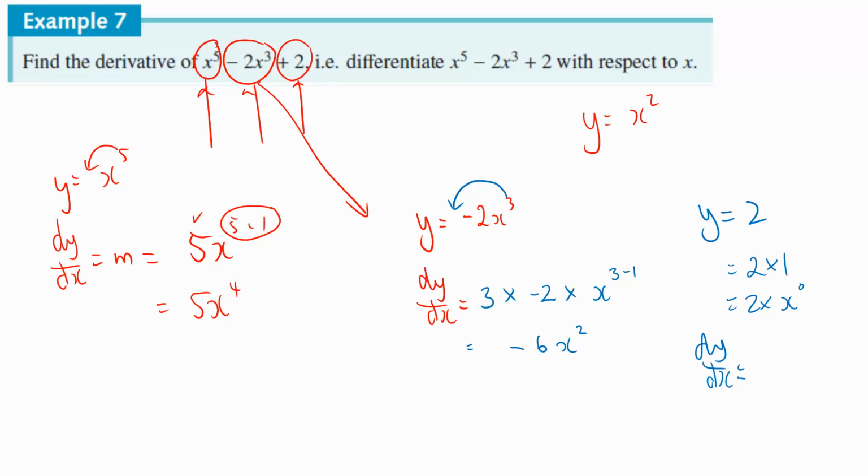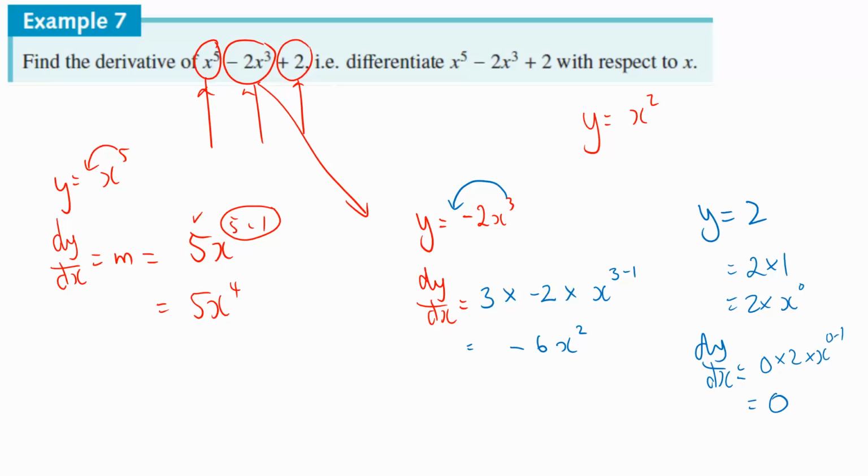I'll write down the intermediate steps so you can see. This will be 0 times 2 times x to the power of 0 minus 1, which is 0.